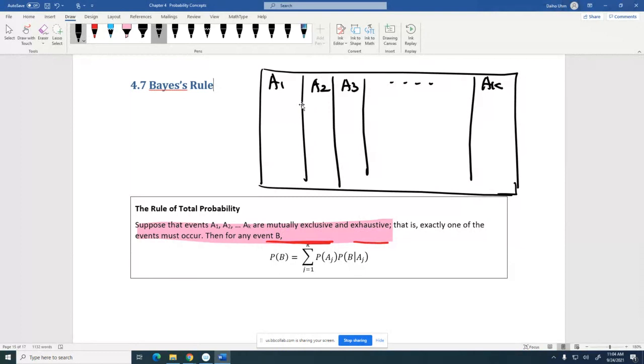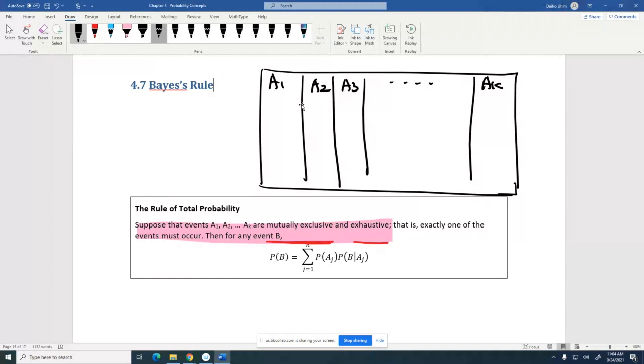So the events of the A's, they are mutually exclusive. They don't have any common area. But when we put them together, it will be exactly the same as the sample space. Then you can describe they are mutually exclusive and exhaustive.